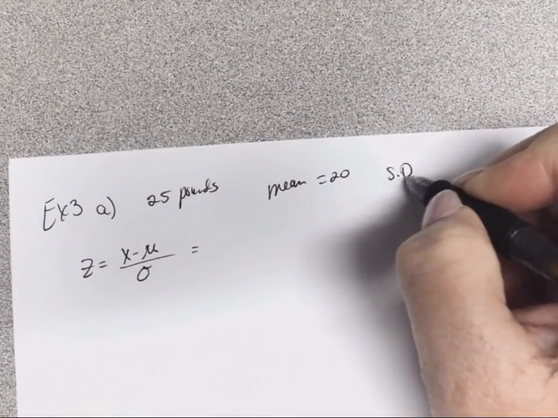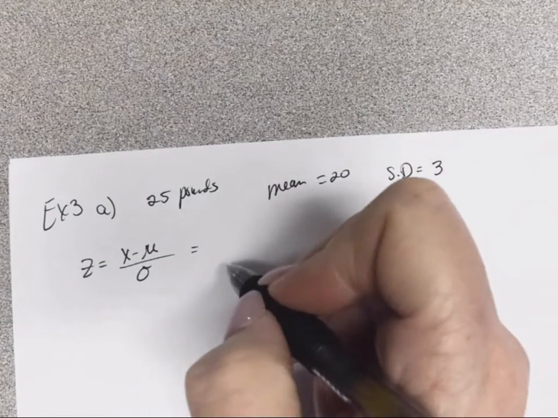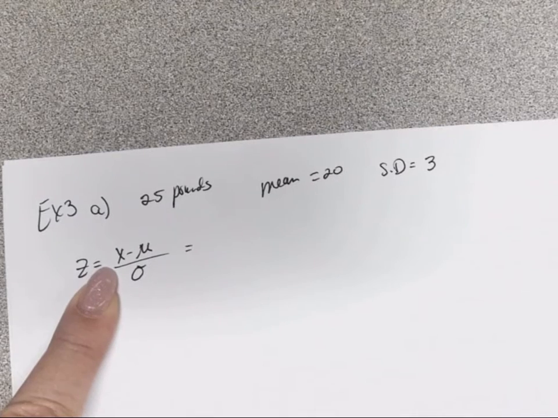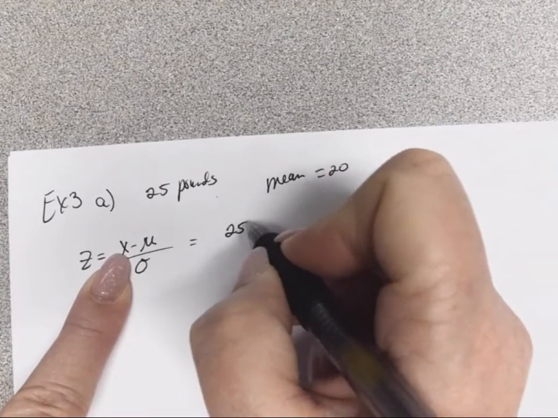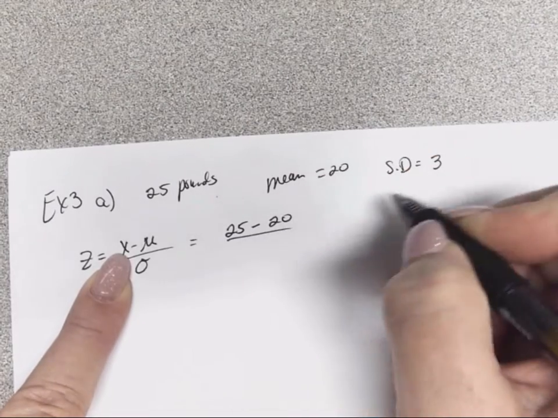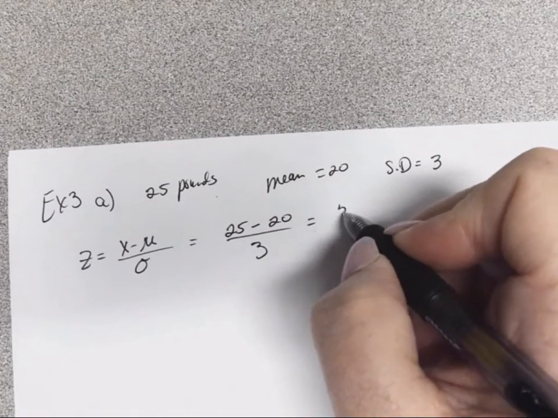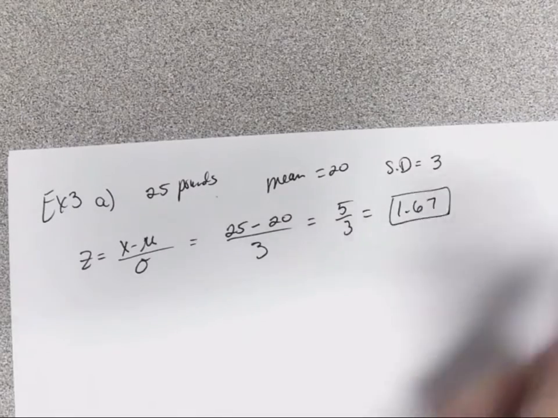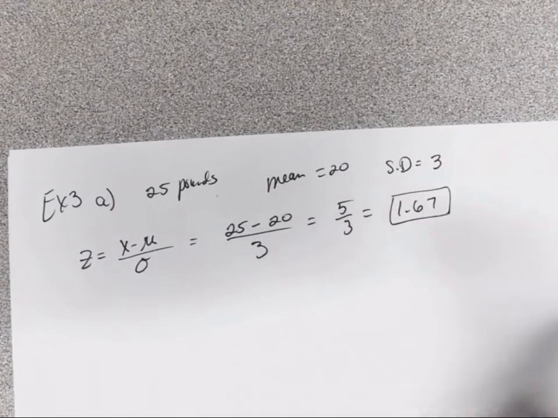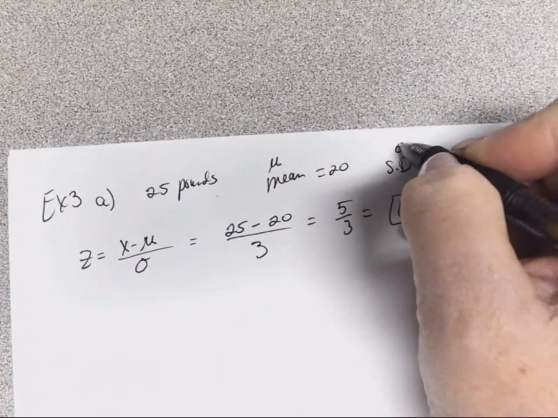And the standard deviation we were told is 3. So we're just going to plug in our values. x is going to be the value we were given, which is 25, minus the mean over the standard deviation. So we'll end up with 5 over 3, which is 1.67. So all you got to do is find the parts, and remember this is our mu and this is our sigma.